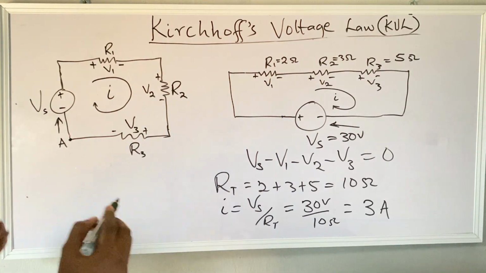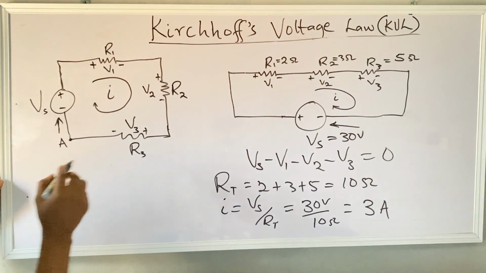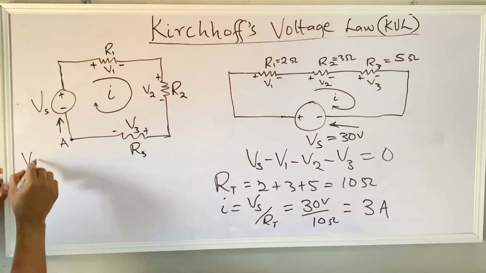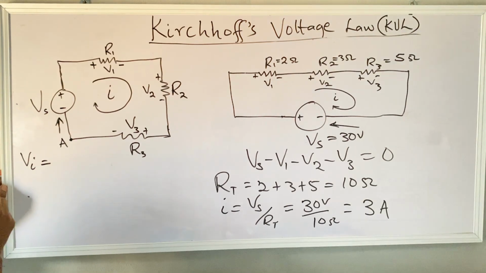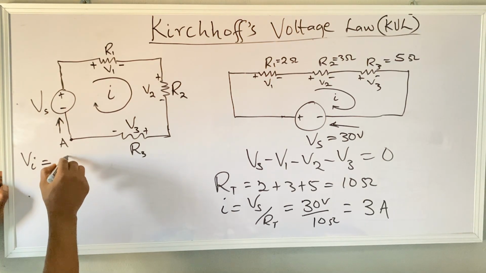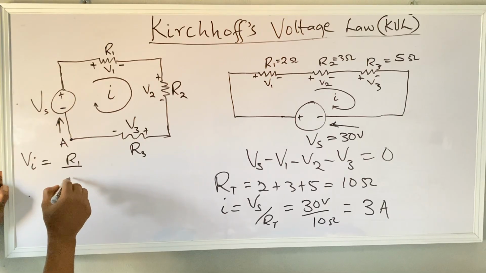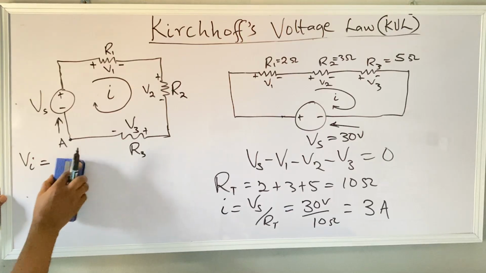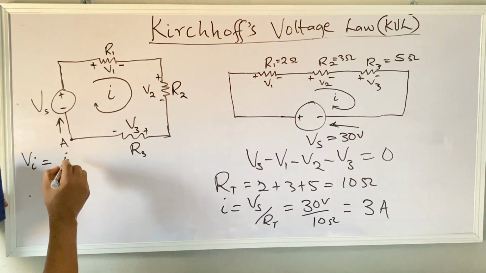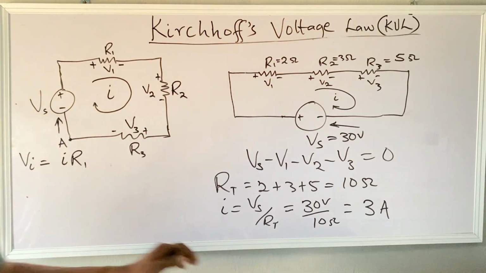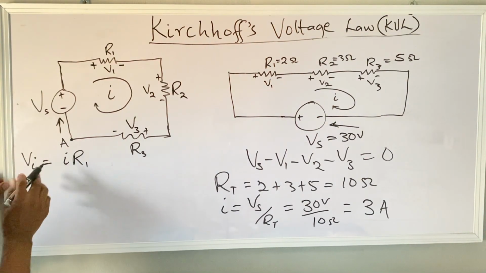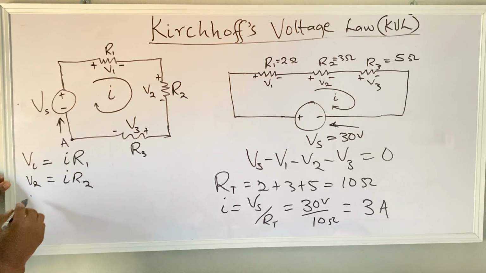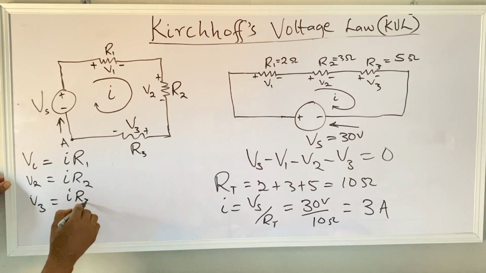Looking at it, V1 equals IR1, V2 equals IR2, and V3 equals IR3.